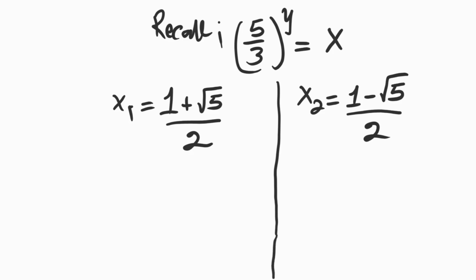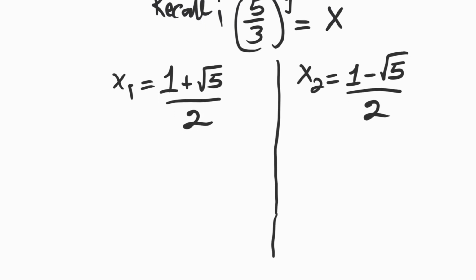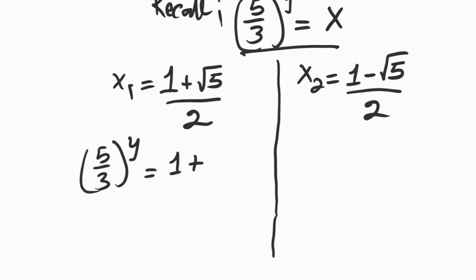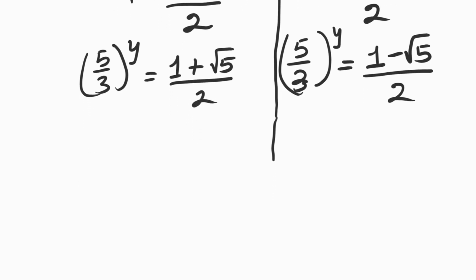So now let's plug in the value of x into our recall. And then this becomes 5 over 3 raised to power y equals 1 plus root 5 divided by 2. On this other side of x2, we have the same thing, but now it's 1 minus root 5 divided by 2.